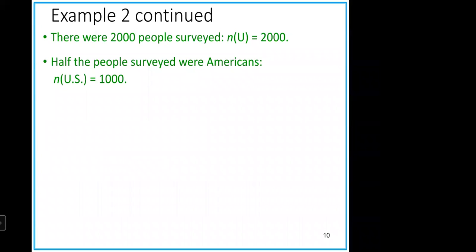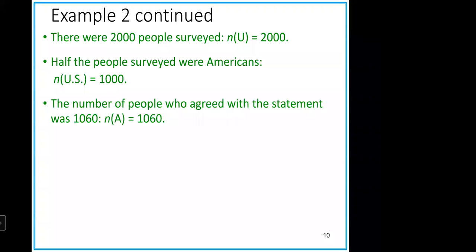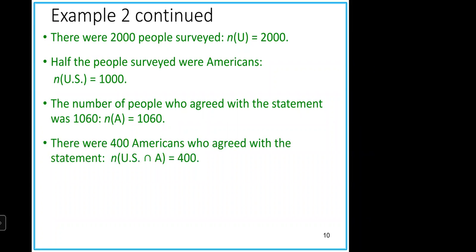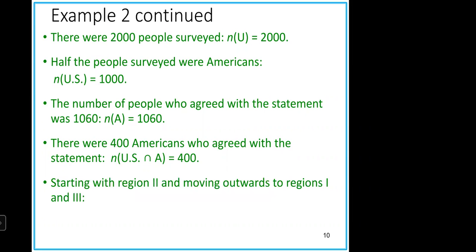So of course, half of 2,000 is 1,000. It also tells you that the number of people who agreed with the statement was 1,060. Then it says to you that there were 400 Americans who agreed with the statement. Okay, so those are some of the numbers that we have.